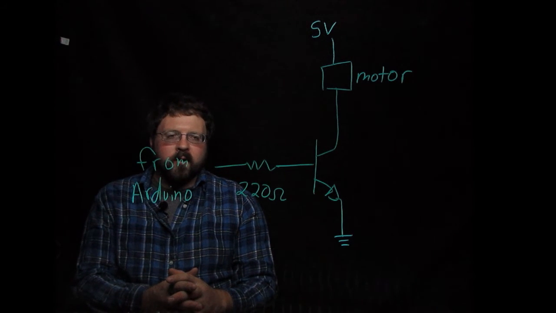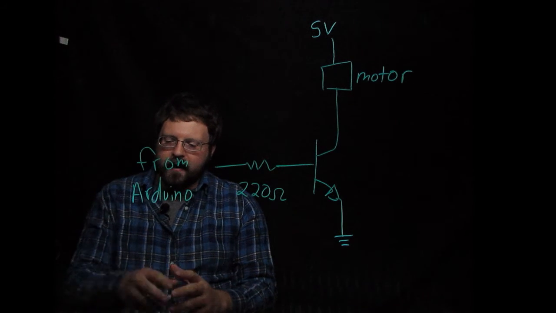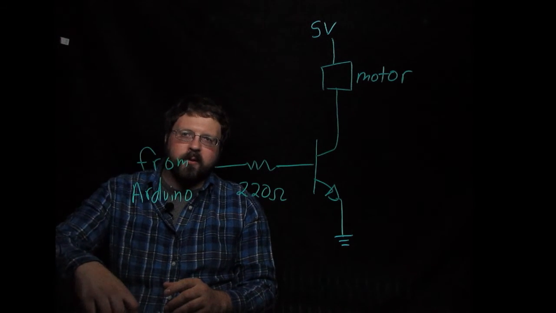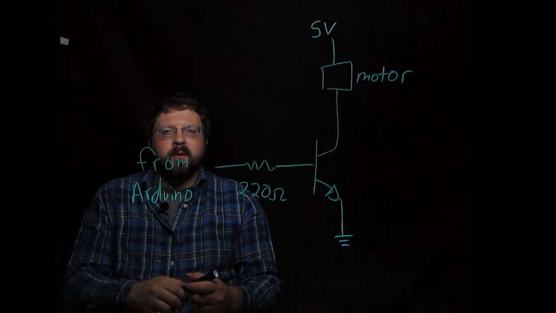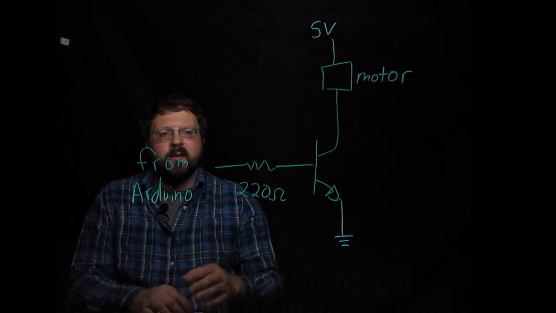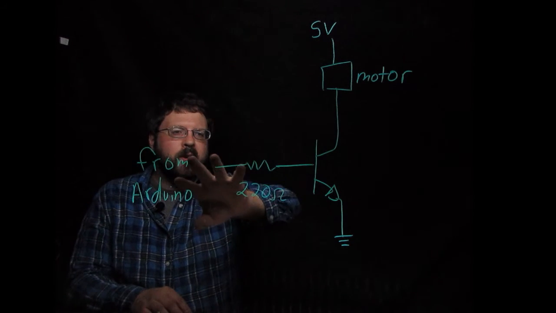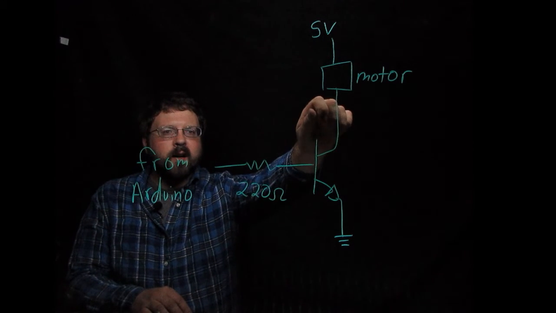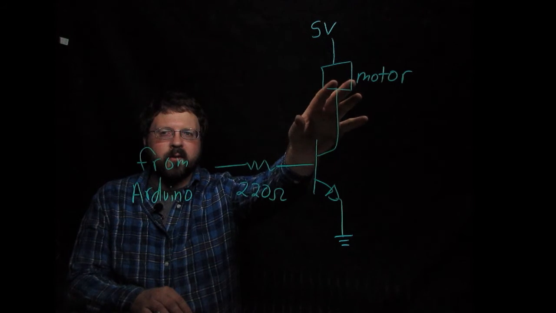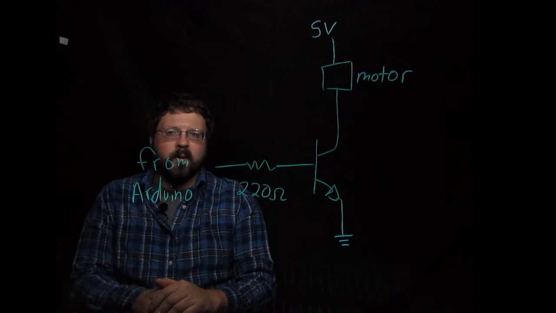Now there's one other little feature that we typically have to add when we're driving motors, and that's a protection diode. What happens is if we turn this on, current flows through the motor, but then if we turn it off, that's going to try to pinch off the current and stop the current through the motor.